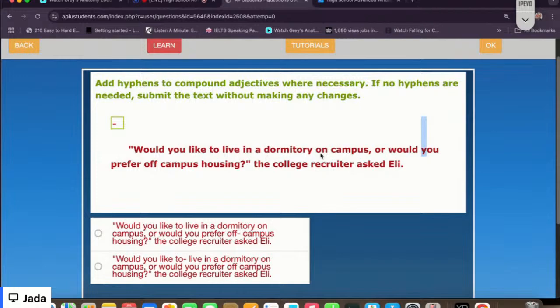Would you like to live in a dormitory on campus or would you prefer off-campus housing? The college recruiter asked Ellie. So is it first or second?